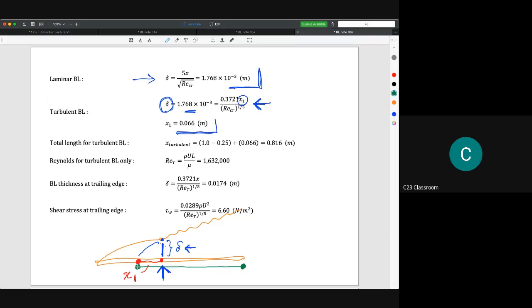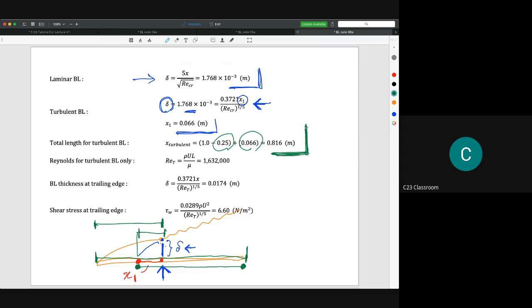We calculate it as 1 minus 0.25, because the total length is 1 meter. We deduct the length of the laminar boundary layer, 0.25, and then add 0.066. So the total length of the turbulent boundary layer only is 0.816 meter.